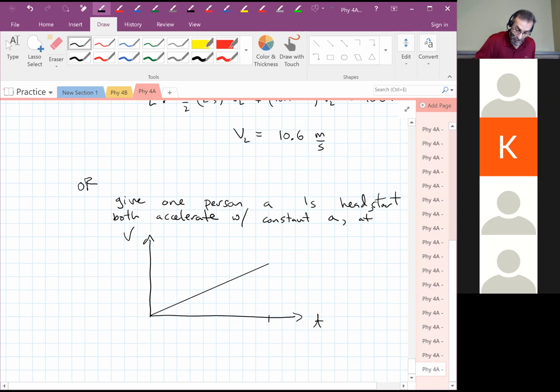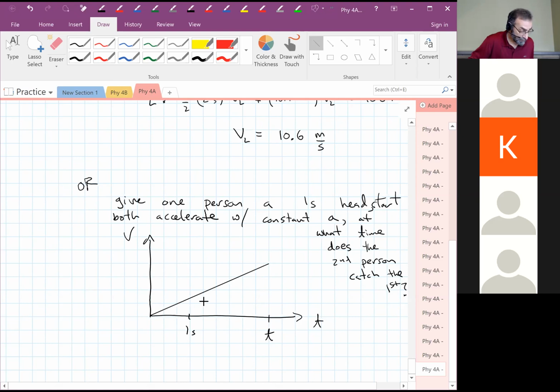At what time, assuming the second person has a greater acceleration, of course. So there's our acceleration of person one. At some time, they are at the same place, but one of them started 1 second after.